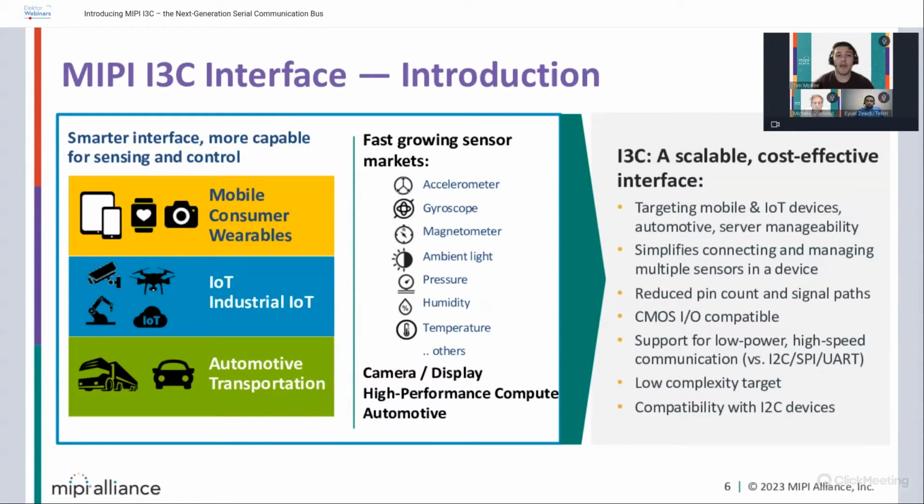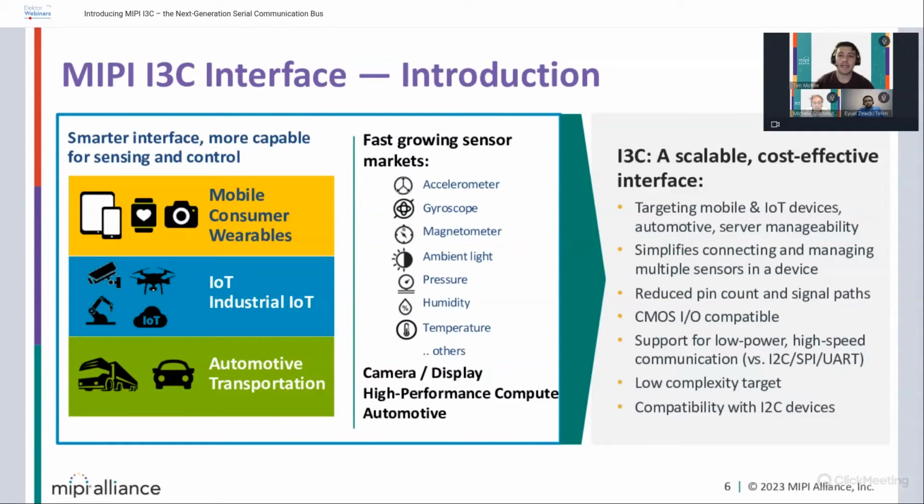As everybody knows, the market for sensors has grown. There's sensors in every device that we use, and with those sensors comes a lot of information, and that was one of the main reasons that the I3C bus was built, was to be able to interface with those sensors and communicate.